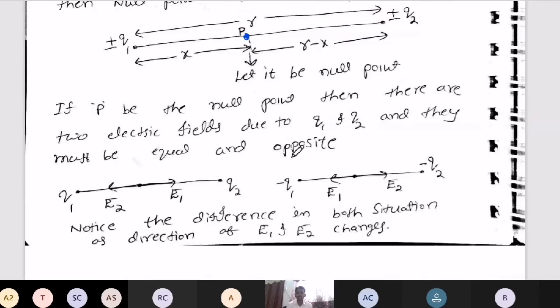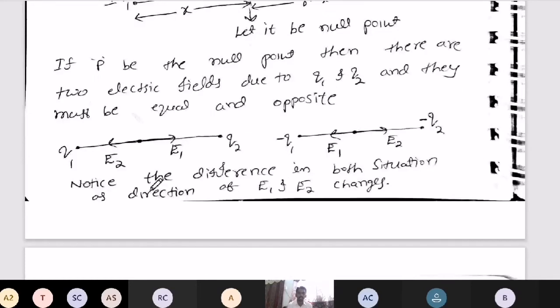Null point means the fields due to both of them are equal and opposite. If both are positive, E1 is right side, E2 left side. If both are negative charges, E1 is left side, E2 right side. But in both the cases, E1 and E2 are opposite.